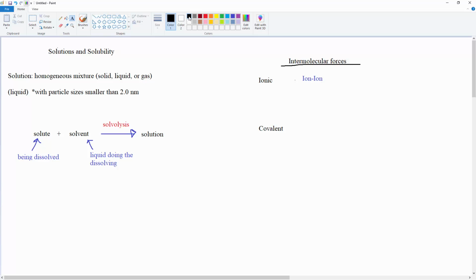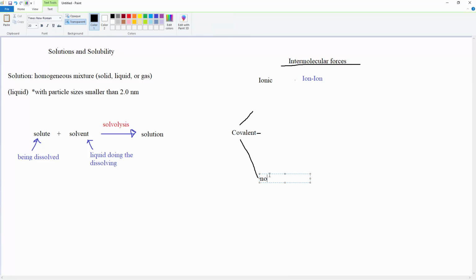And then covalent compounds depended on whether you were polar or non-polar, right? If I am non-polar, then what kind of intermolecular forces am I subject to? London dispersion. Good.